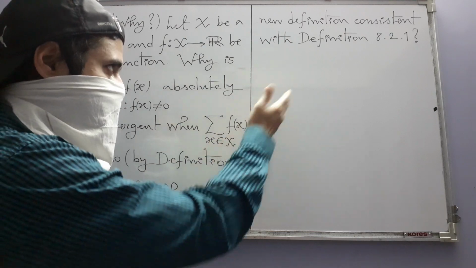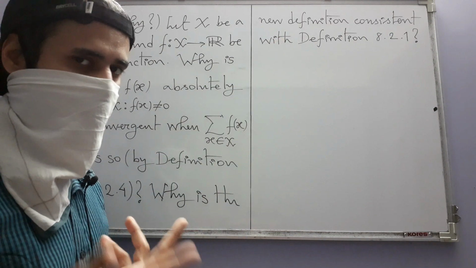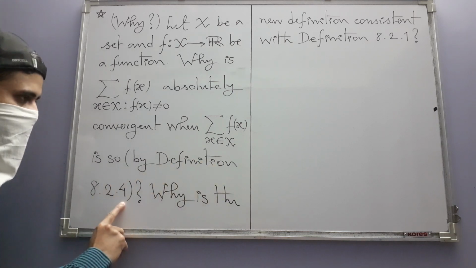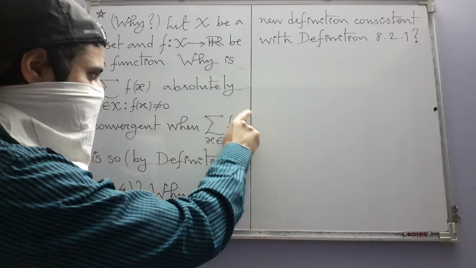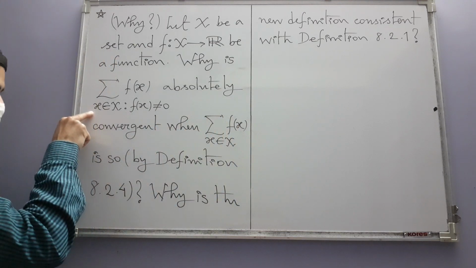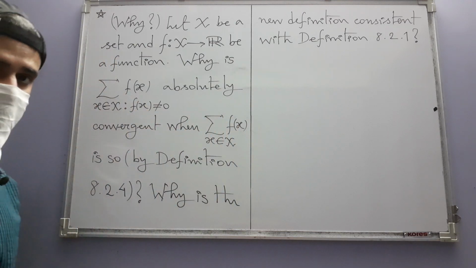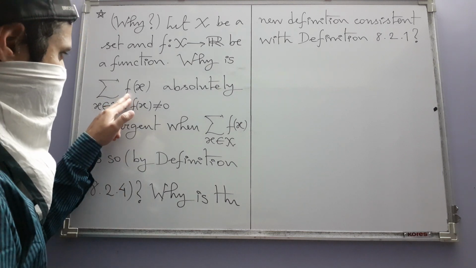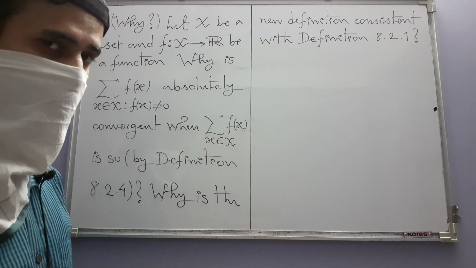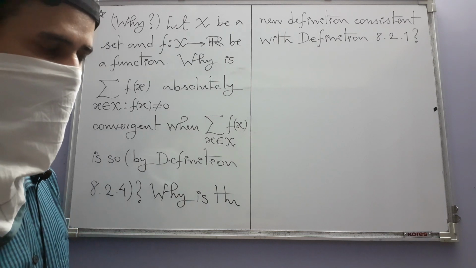In such a situation, the first definition does not apply. So that's why, by definition 8.24, if by this definition this is absolutely convergent, then this series is also absolutely convergent, where again we are considering the f values but only the non-zero f values.